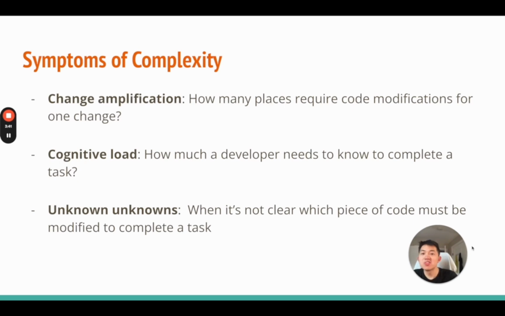If we want to change the constant value, we have to change it in more than one place. Second is cognitive load: how much does a developer need to know to complete the task? Last is unknown unknowns, which is the worst symptom, where it's not clear which piece of code must be modified to complete the task.